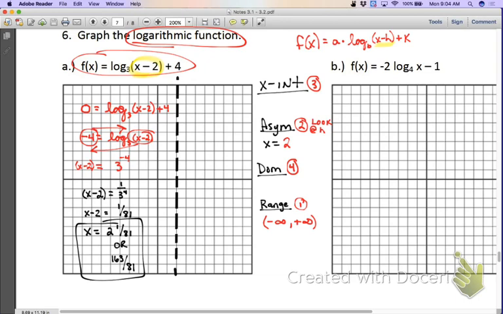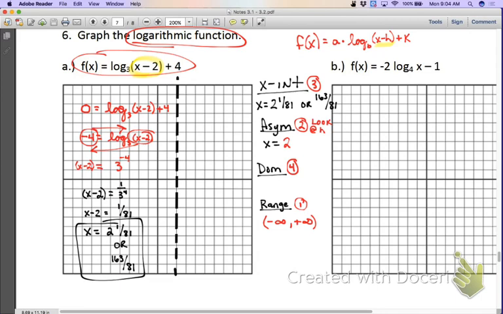I would just stay away from the decimal because then you don't have to worry about how you're going to round it and all that stuff. Okay, so as far as my x-intercept is concerned, I'm okay with you writing it as 2 and 1/81st, or if you want to write it as an improper fraction, 163 over 81. Completely up to you.